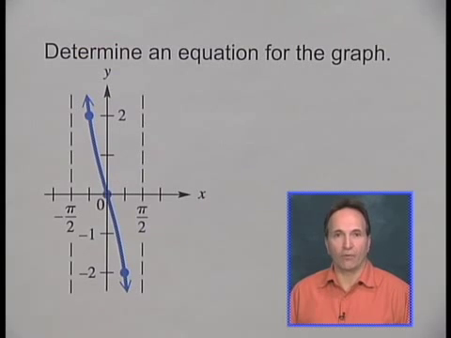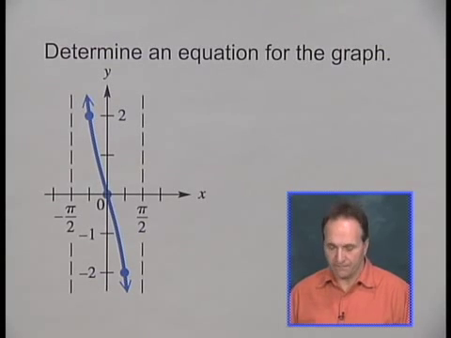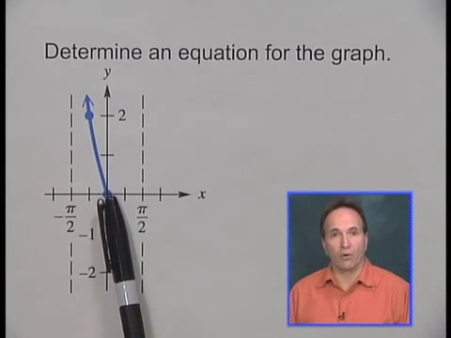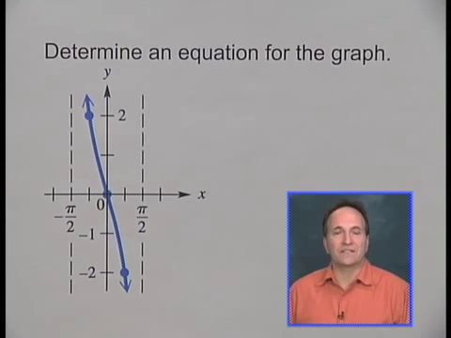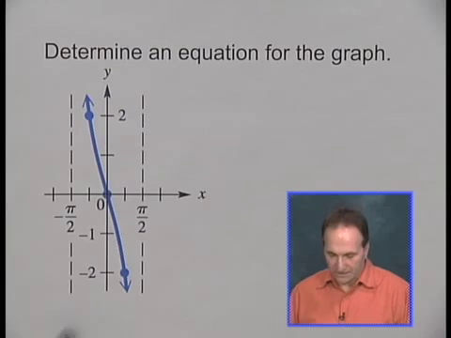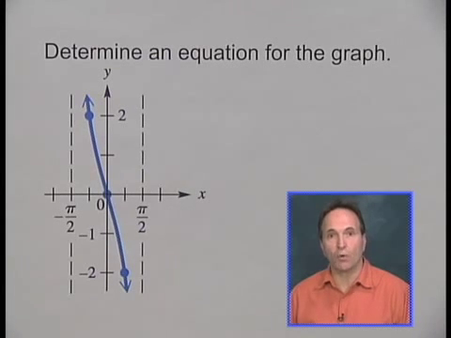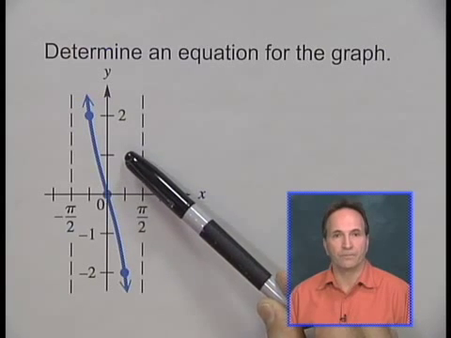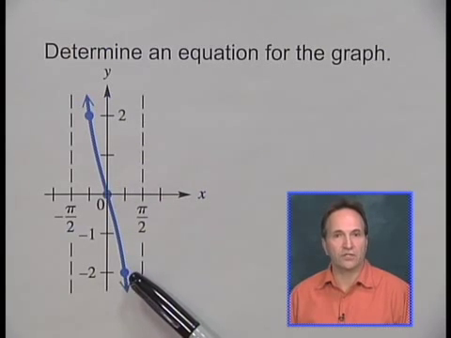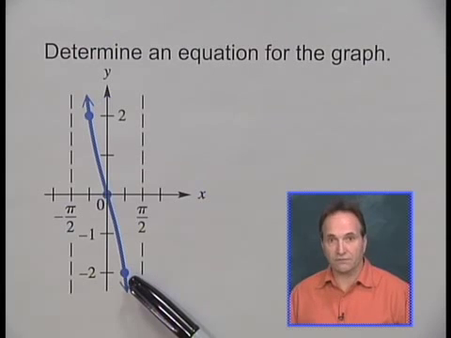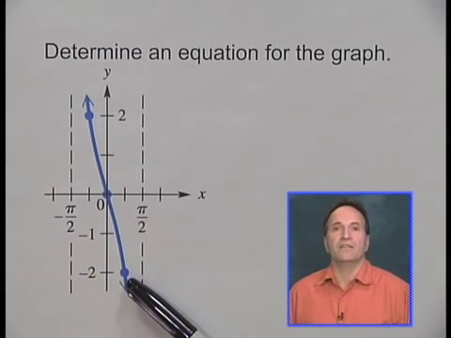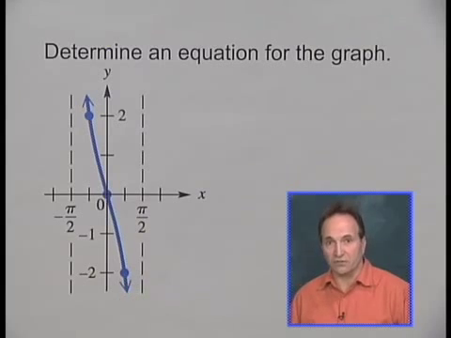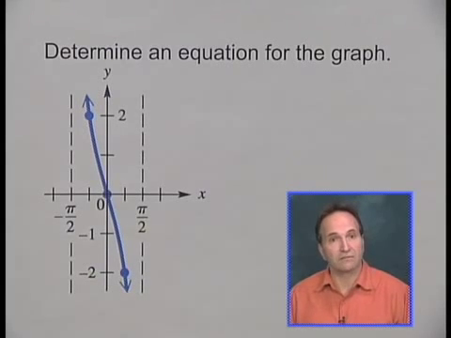Determine an equation for the graph. When we look at the graph, it does look like a graph of a tangent function passing through the origin. The thing is, it's the tangent function reflected about the x-axis, because normally for the value pi over 4, it would be up at positive 1, but it's actually down at negative 2, which tells us that it was reflected and that it has been stretched by a factor of 2.